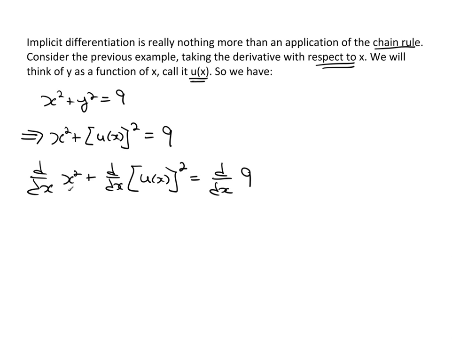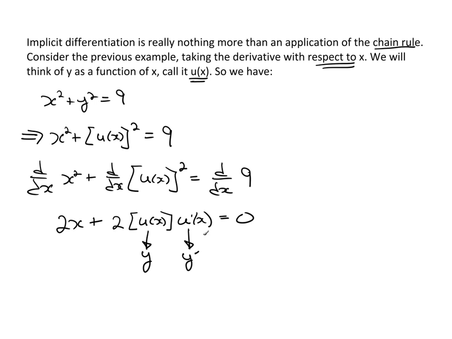Well, with respect to x, the derivative of x squared is 2x, plus, applying the chain rule here, this would be 2 times u of x to the first power, which I really don't need to write, times the derivative of u of x, so u prime of x, which is equal to 0, because the derivative of the constant function is in fact 0. So this u of x is actually y, and this is actually y prime. So I can think of this as 2x plus 2y y prime equals 0.